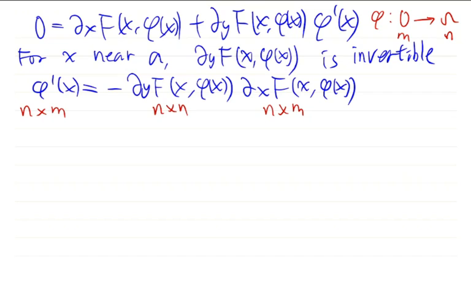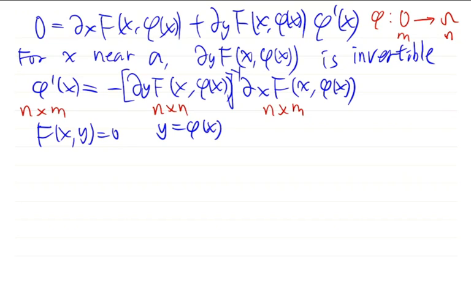Sorry, I forgot to write the inverse matrix here. So I need to invert. Computing the inverse matrix is very complicated, and the matrix multiplication is also complicated. So in practical application, because we have F(x, y) is 0, here we regard y as a function of x.